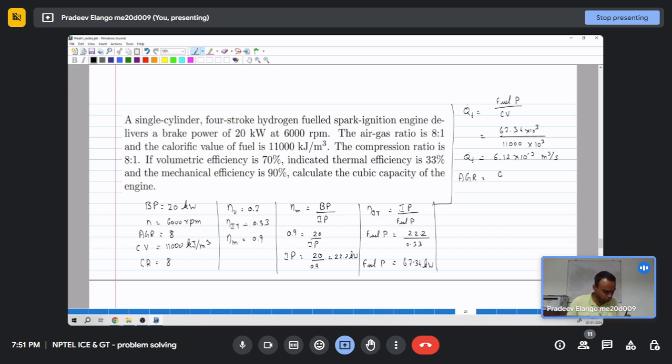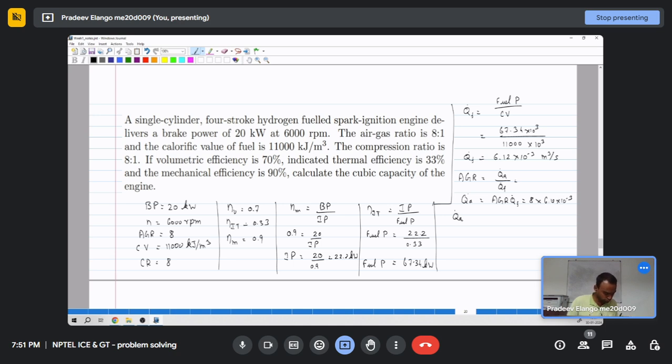Air gas ratio is QA by QF. So QA is AGR into QF. AGR is 8 into fuel flow, 6.12 into 10 power minus 3.